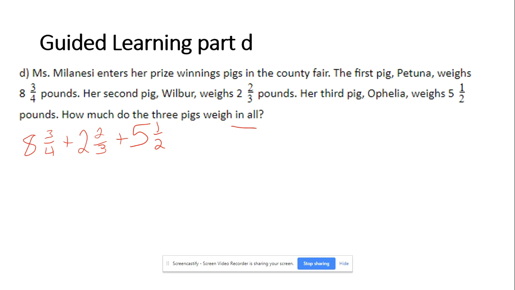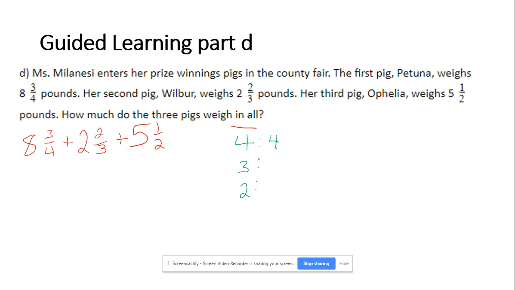Okay, so even though there's 3 mixed numbers that we're adding, we still need to make a list of all the multiples for each of the denominators. So we're going to be making a list of multiples for 4, 3, and 2.